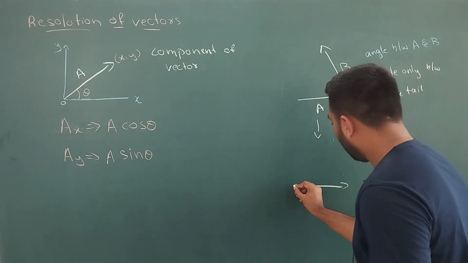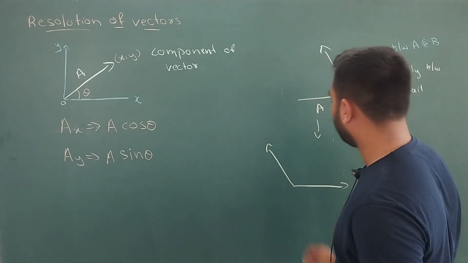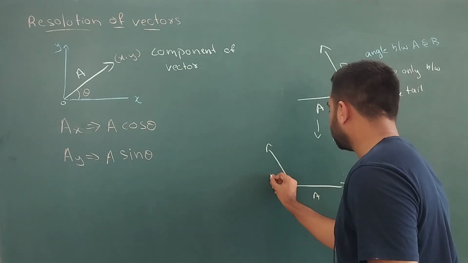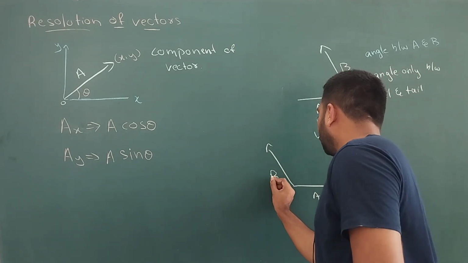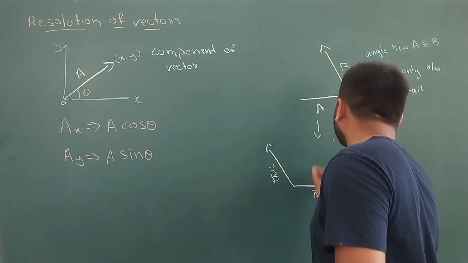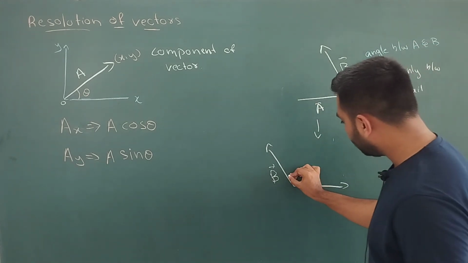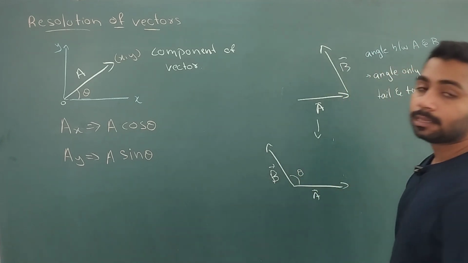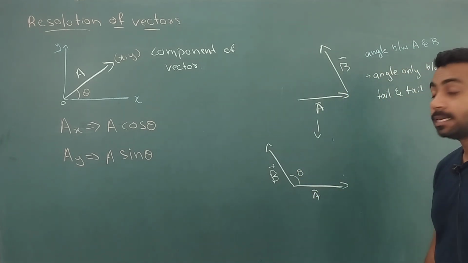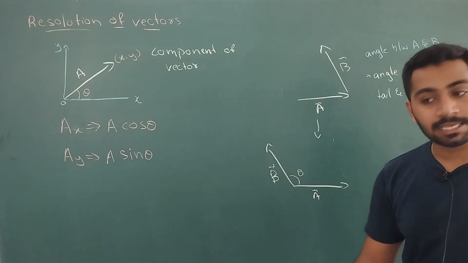This is vector A, this is vector B. Let us write neatly. Now can you tell the angle very easily? Yes, very easy.